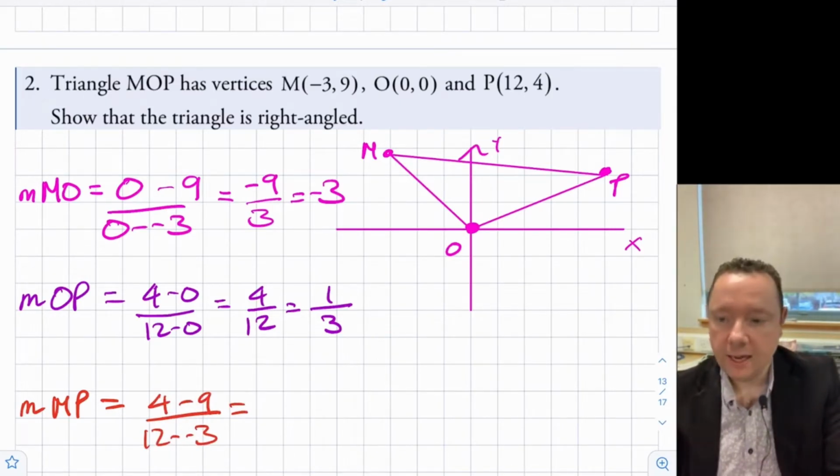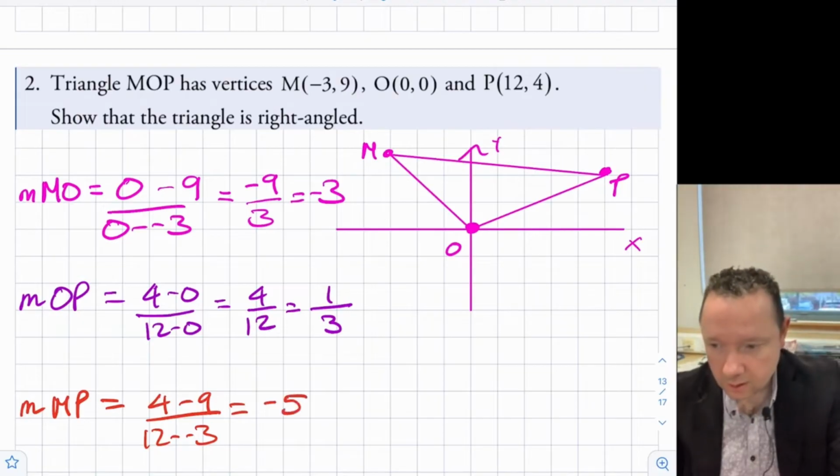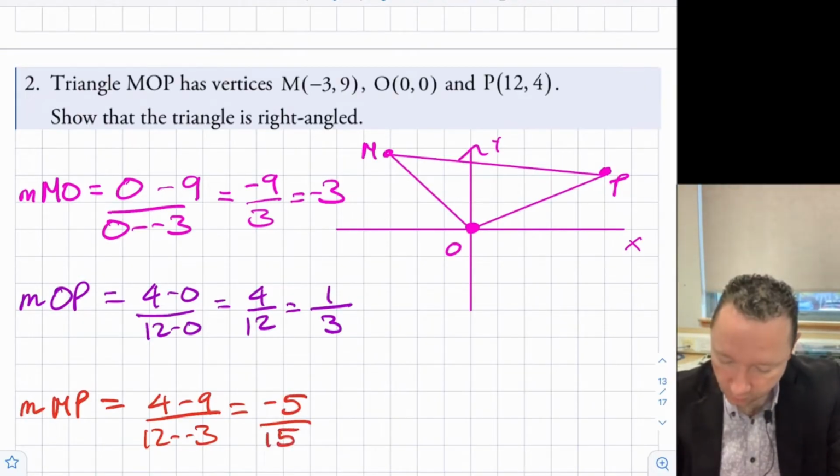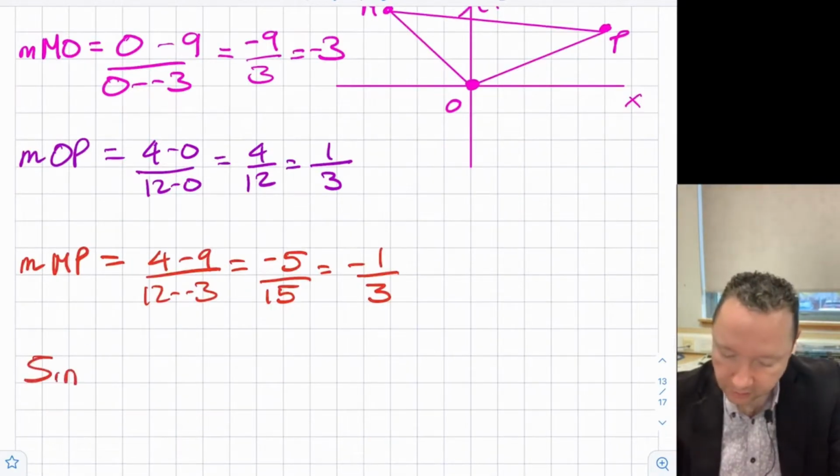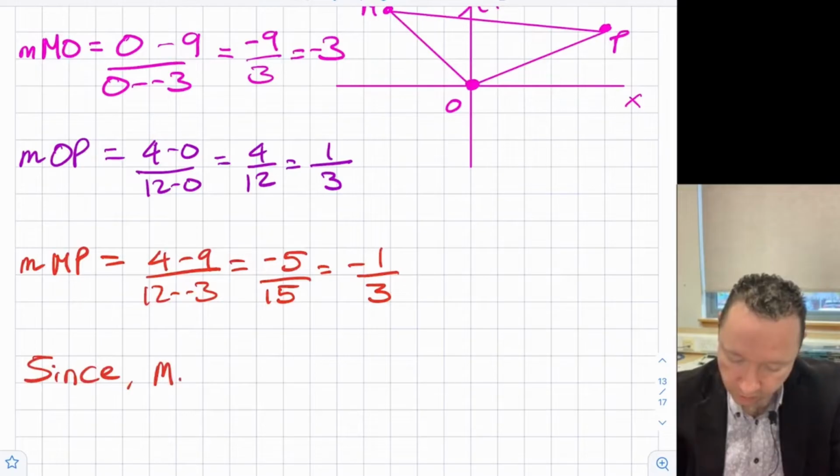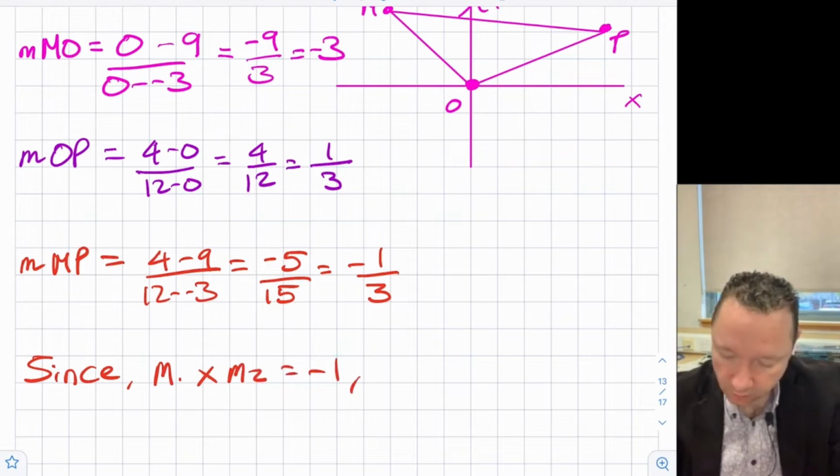4 minus 9 is negative 5 over 15. That's minus 1/3. And we can then say that since we always have to write this little statement, M1 times M2 equals minus 1. Let's just check which two times together make minus 1. Well, we've got 1/3.